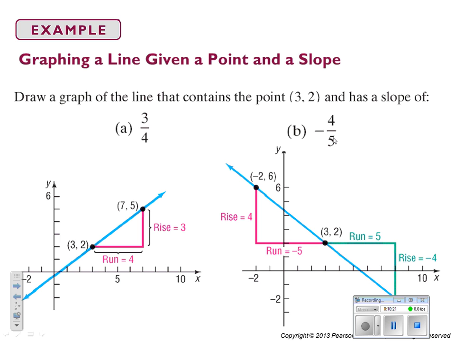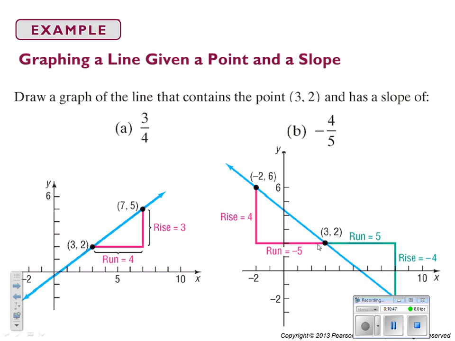Given the slope -4/5, if we start at 3, 2, it could go either way. You could either give the negative to the 4 or the negative to the 5. But in this case, from this drawing, we gave it to the 5, the x value.